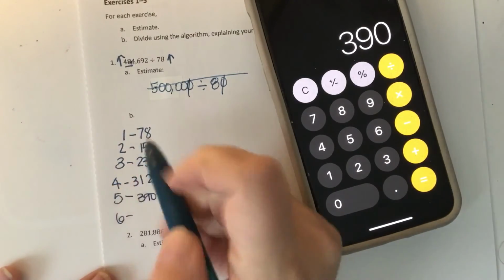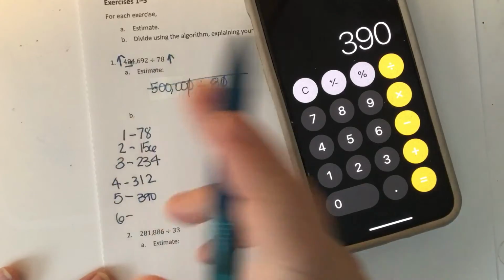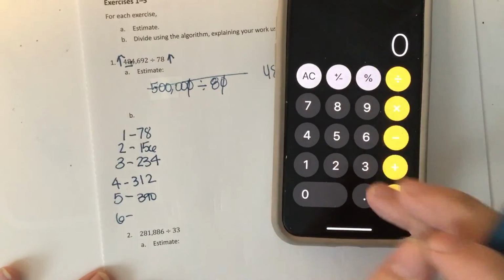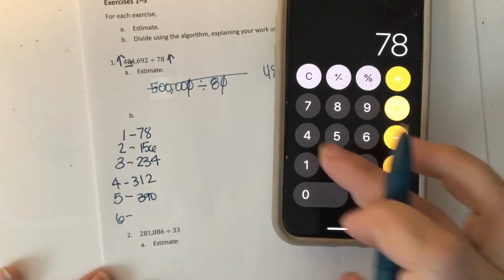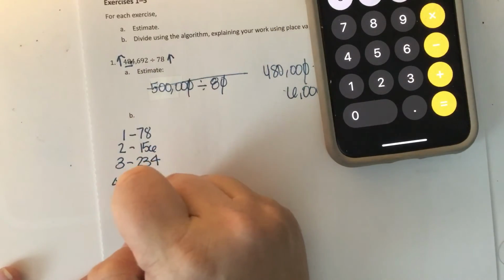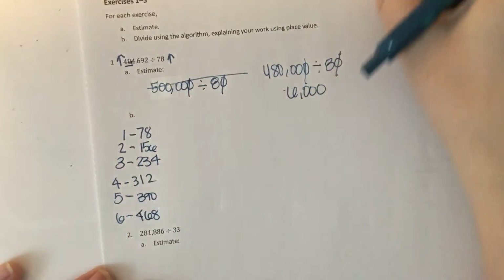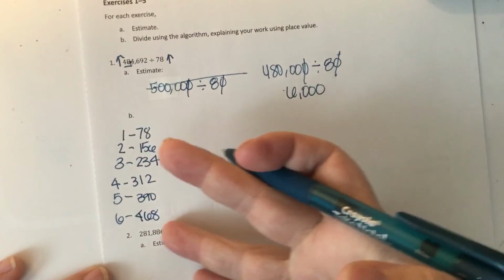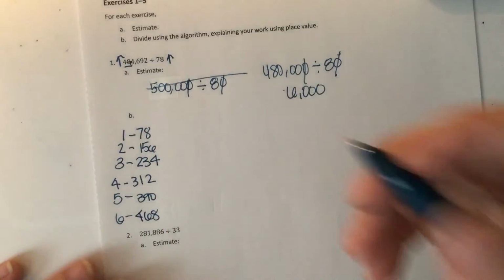Yeah, I need to go one more because I'm going to 484. Okay, so 78 times 6 is 468. So I'm almost there, right? And if I go 70 more, if you think about it, that's going to be way over, okay?